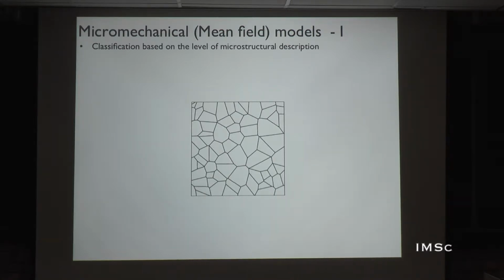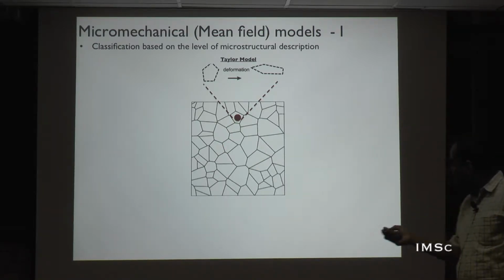Okay? So if this is your microstructure, the first level of the models is the so-called mean field models. That means you are making an assumption that the underlying field, whether it's a stress field or a strain field, is continuous in a domain, a physically distinguishable domain.